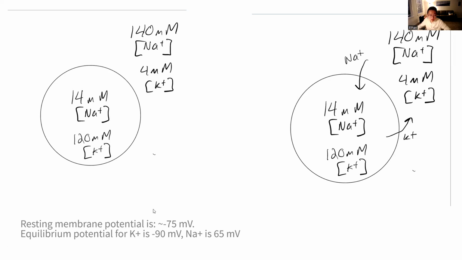So if we look at the resting membrane potential of -75, that's actually closer to the equilibrium potential of potassium compared to sodium. The reason is that the natural potassium leak channels are a little more permeable to potassium compared to these sodium channels that are leaking sodium into the neuron.